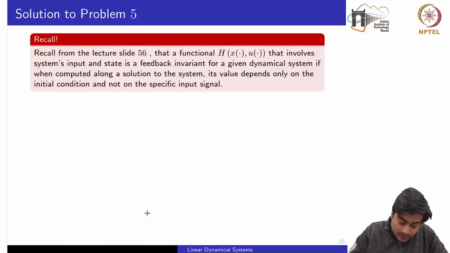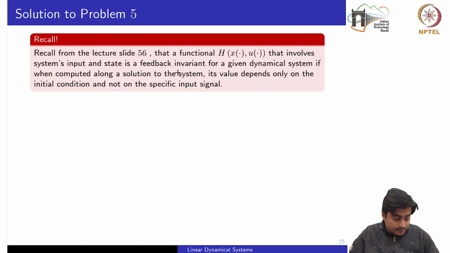Recall from lecture slide number 56, we have defined a functional H as a feedback invariant whenever, when computed along a solution to the system, its value depends only on the initial condition and not on the specific input signal. This is how we define any functional which involves system input and state as a feedback invariant.